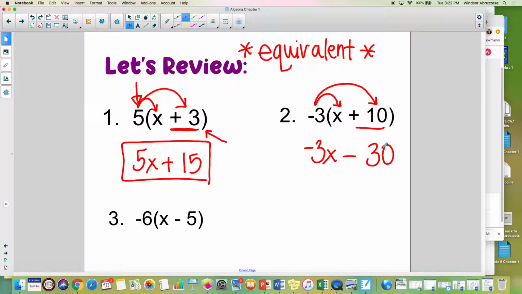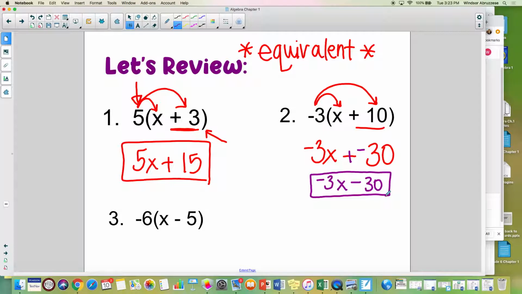So I write it as minus 30. Some students like to write it as plus a negative 30, which is okay. They are equivalent. But you will mostly see it as negative 3x minus 30. You cannot do anything further because these two are not like terms, so you can't combine them. So we're done with number 2.